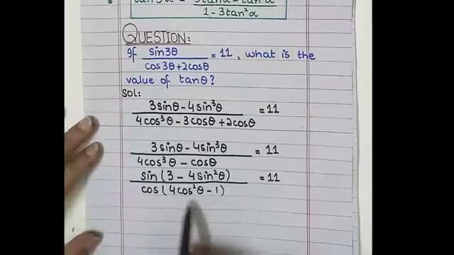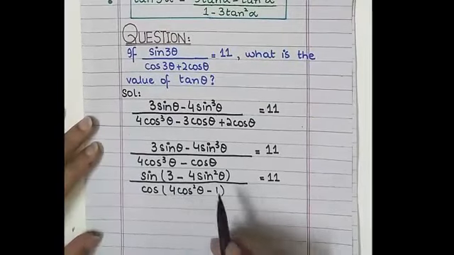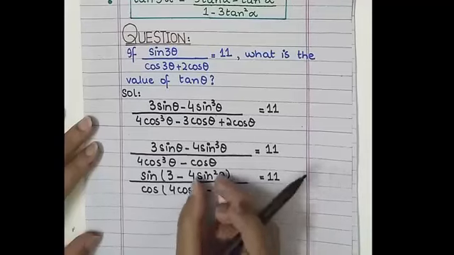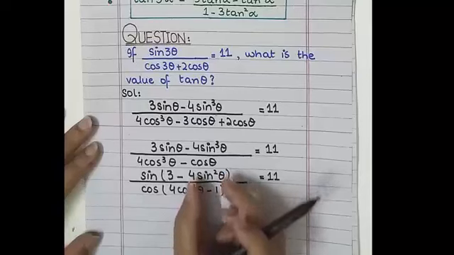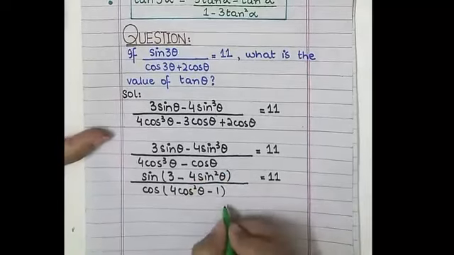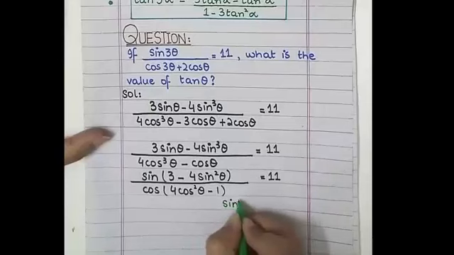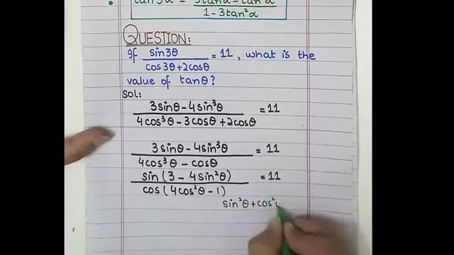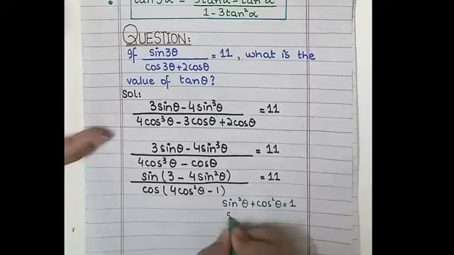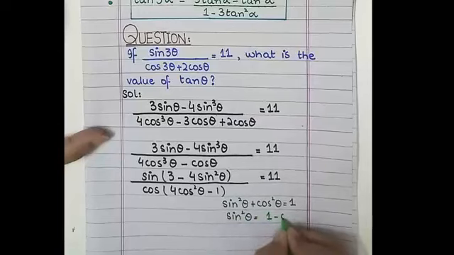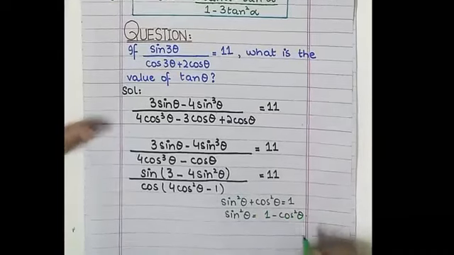Now here we have the expression in the form of cos, and here we have the expression in the form of sine. So we will write sine square theta in terms of cos. Using the fundamental identity of trigonometry, we know that sine square theta plus cos square theta is equal to 1, and sine square theta can be written as 1 minus cos square theta.